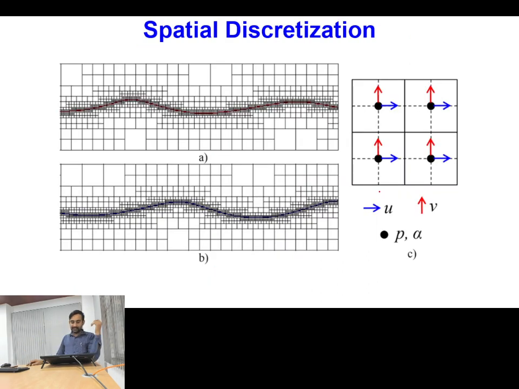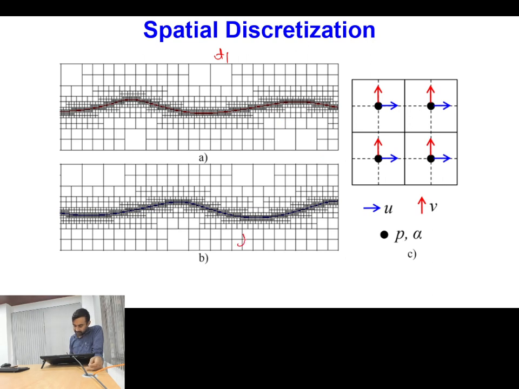Then, so this is the C1 depiction. So here you can see when this interface was represented by this red colored line at some time t1, then this was the mesh arrangement. So you can see as you are moving away from the interface, one by one the level is decreasing.